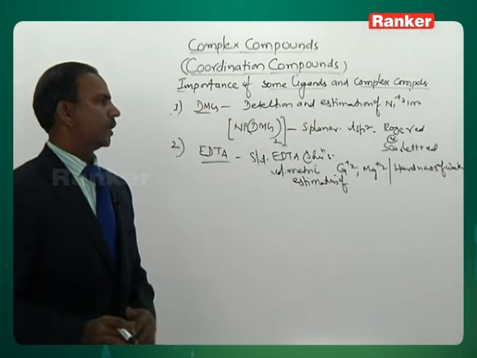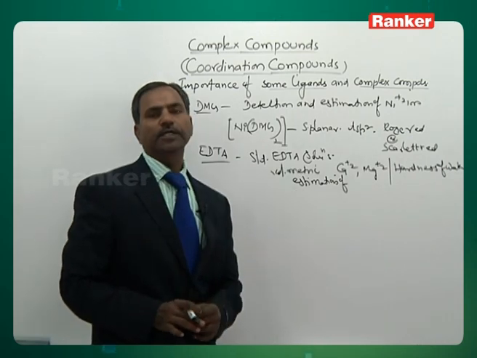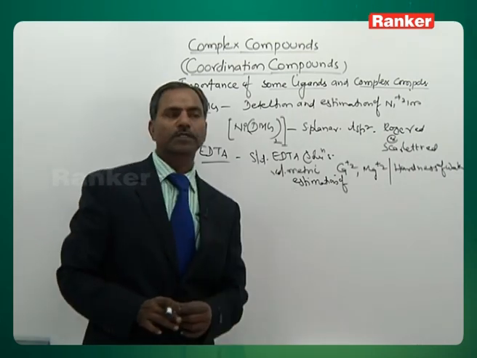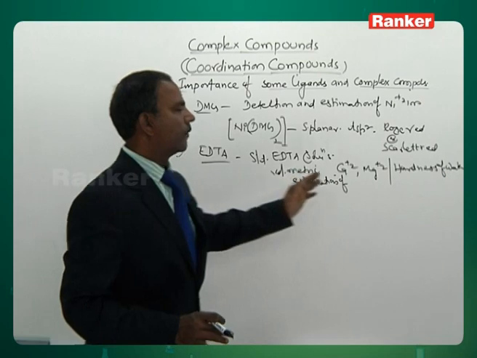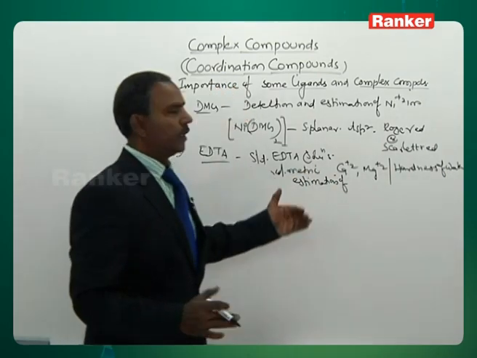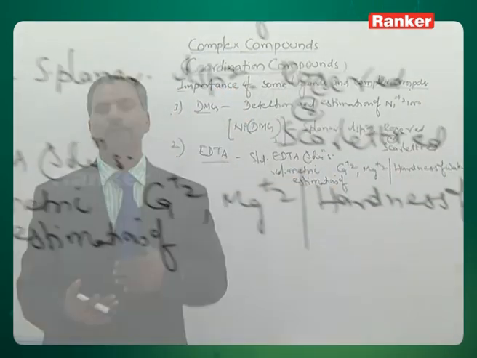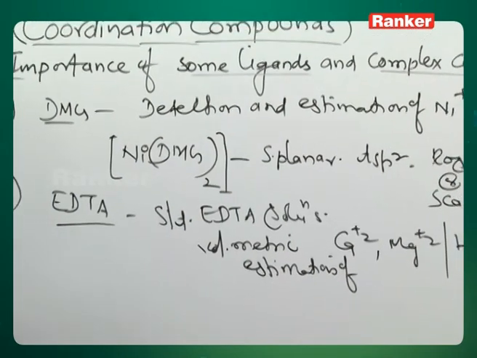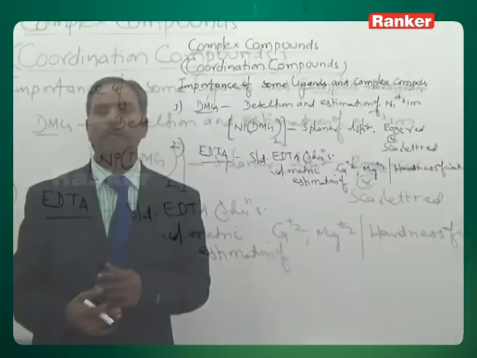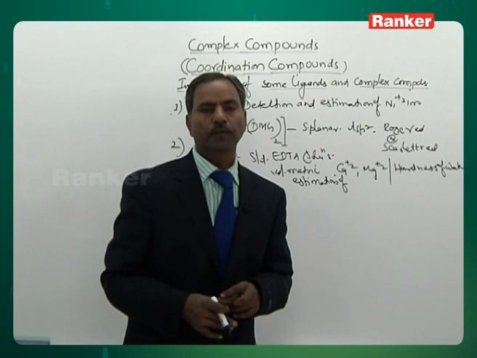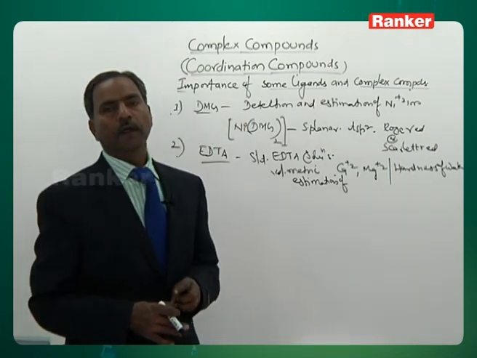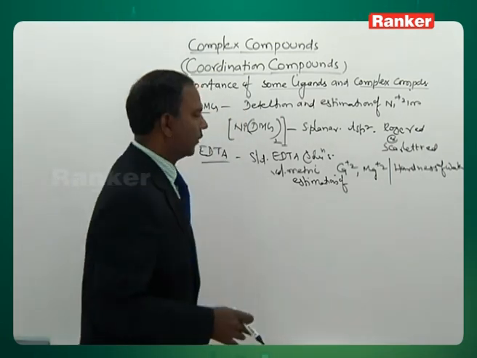Standard EDTA solutions are generally used in the volumetric estimation of calcium 2+, Mg 2+, and also in the estimation of hardness of water. So standard EDTA solutions are titrated against either calcium 2+, Mg 2+ solutions or hard water. You can estimate what amount of calcium 2+, magnesium 2+ ions are there in the hard water.